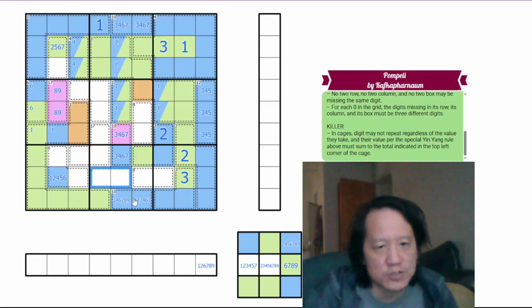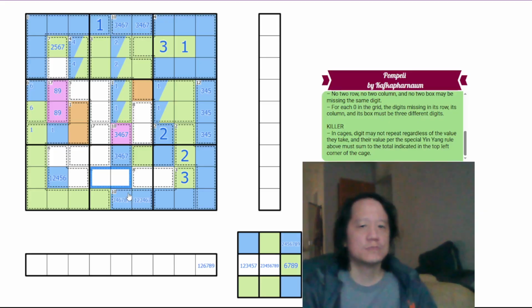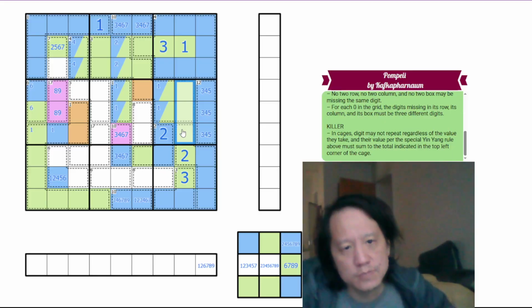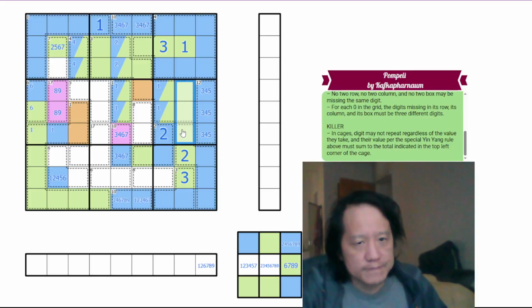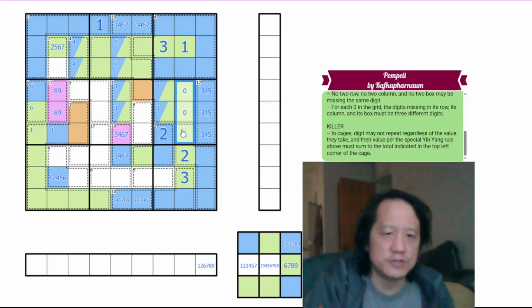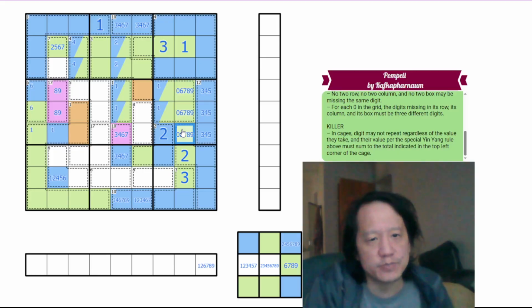One of these at least is blue. We don't know which. These digits, one of them could be 0. No 3, 4, 5. So this is 0, 6, 7, 8, 9. It's possibilities there.